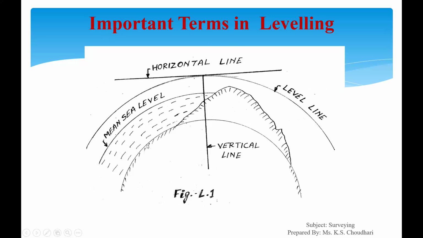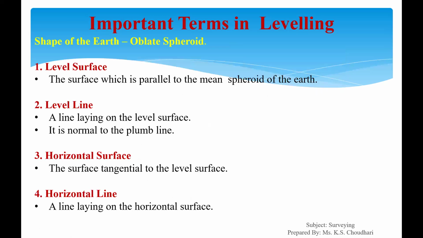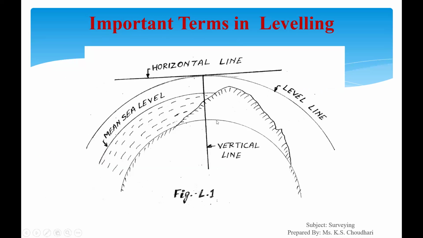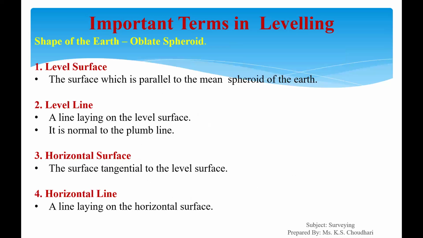That is, any surface parallel to this surface is called a level surface. So there are an infinite number of level surfaces, and any line which is drawn on this level surface is called the level line. Means the surface parallel to the mean spheroid of the earth is the level surface, and any line drawn on it is called a level line.